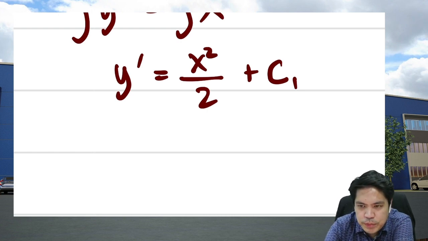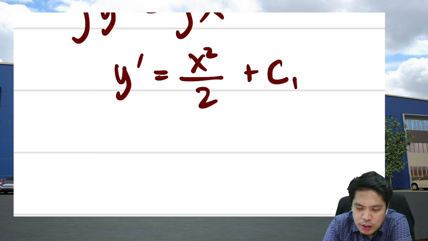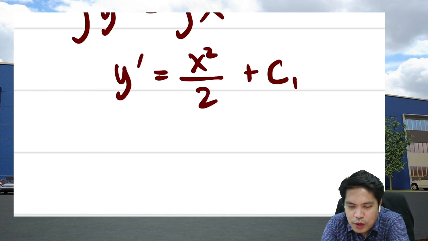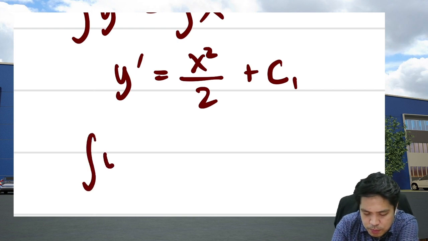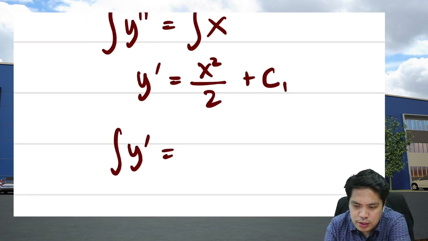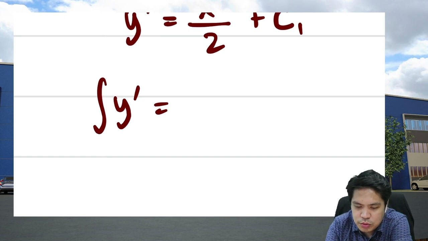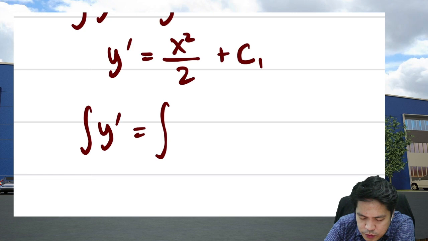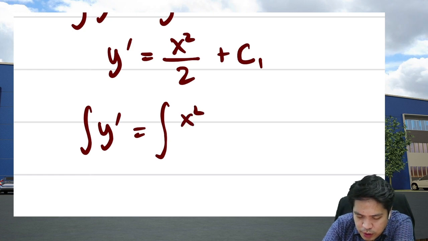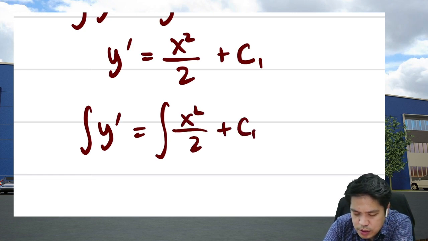Okay, so we could get the value of y if we integrate y prime. So integrating y prime, that is equal to the integral of, of course, the right side, which is x squared over 2 plus c1.